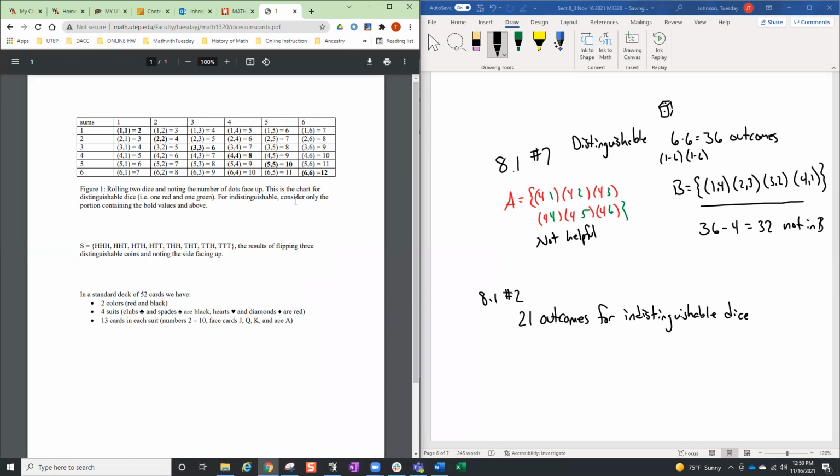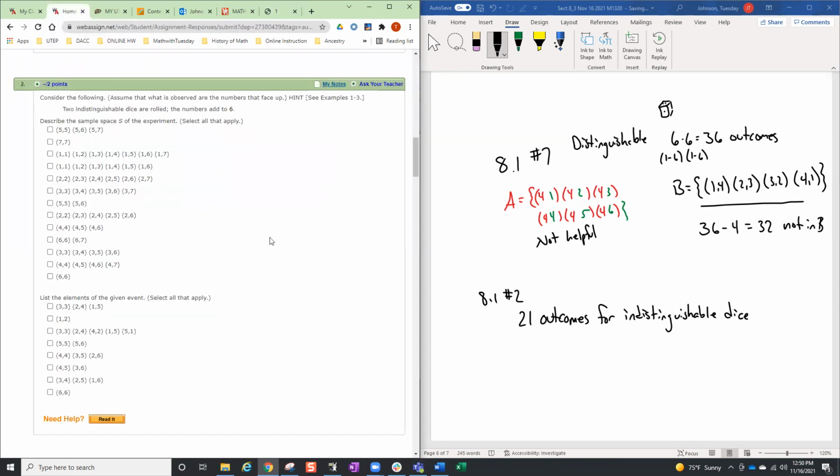For indistinguishable, consider only the portion containing the bold values and above. So here we have 6 plus 5 makes 11, plus 4, 11 and 4 makes 15, plus 3 makes 18, 19, 20, 21 total outcomes. So that's how I know that there's 21 outcomes. You know it partially because I told you so. But we can also use this chart to come up with the possibilities.